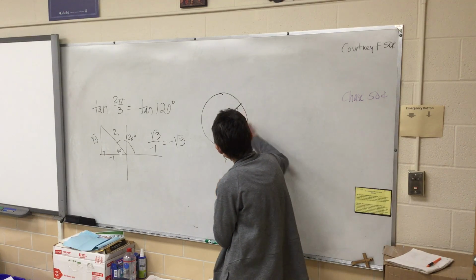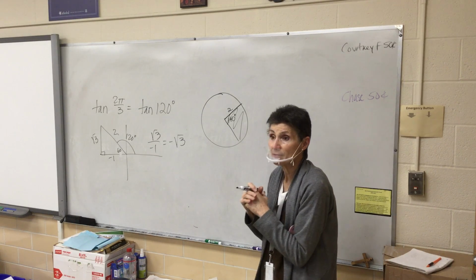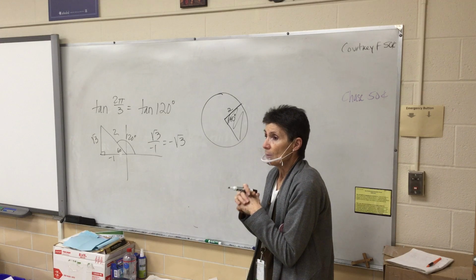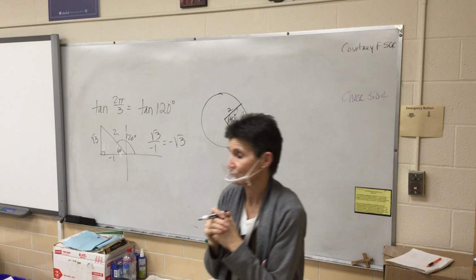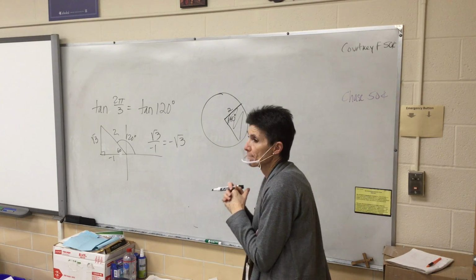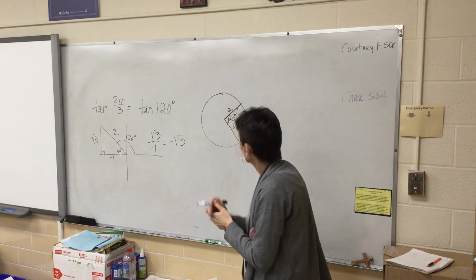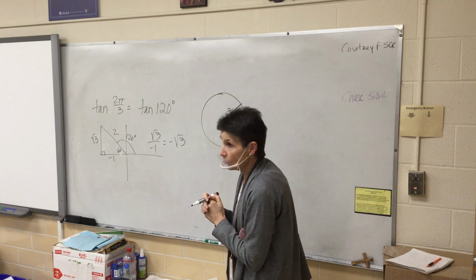And the shaded is this, right? That's a piece of the pie, right? Okay. What would be the area of the whole pie? Pi r squared. r is 2. So the area of the whole is 4 pi.